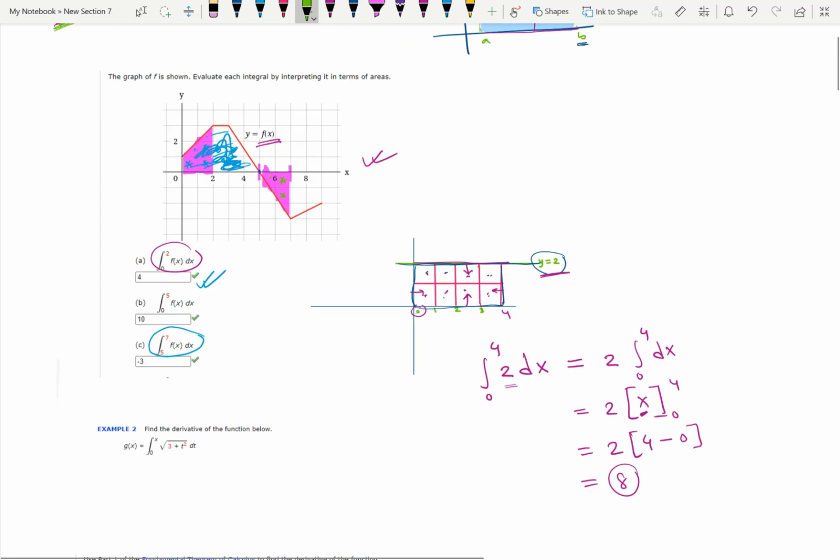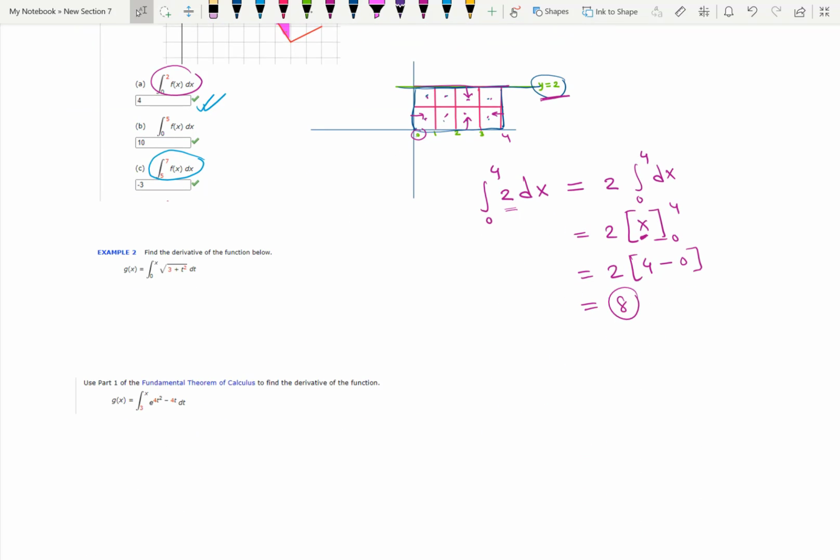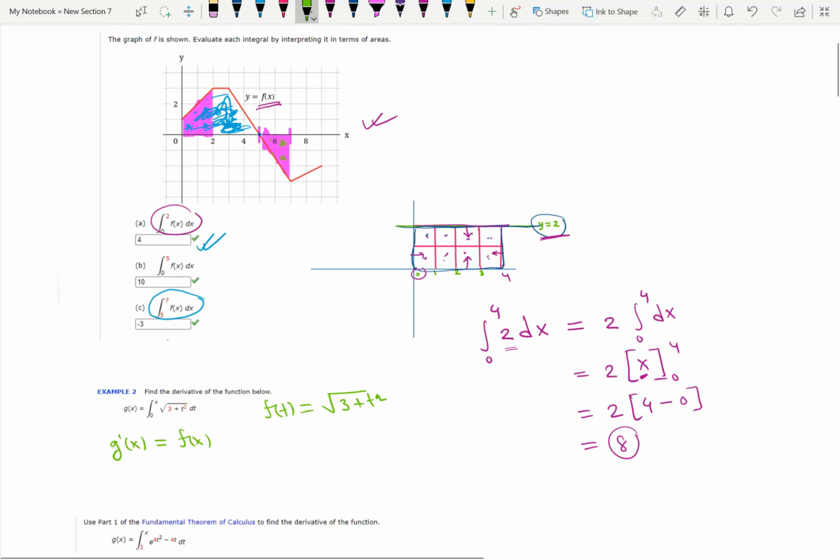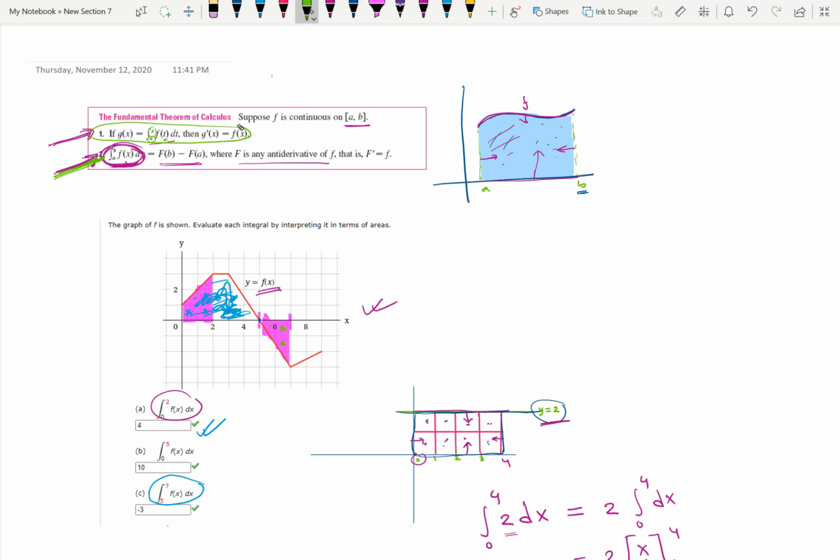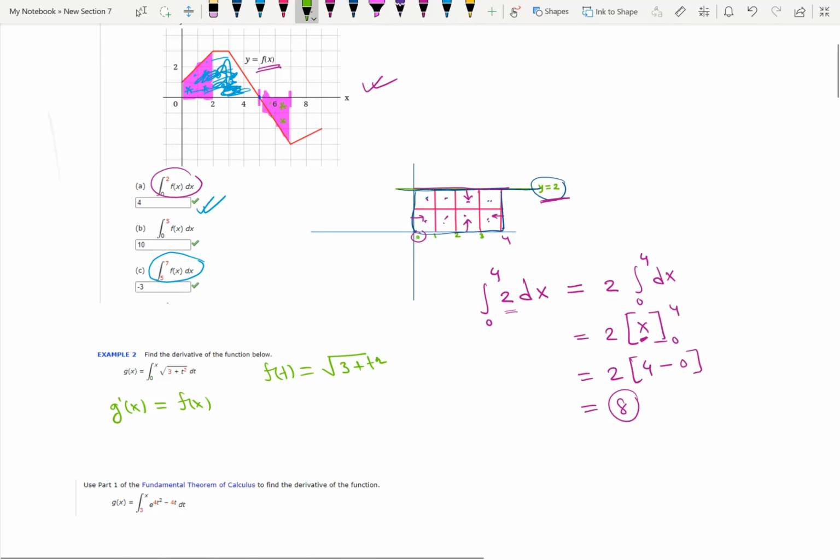For example, here we have g of x is this one. Here f of t is the square root of 3 plus t squared. According to the theorem, g prime of x would be f of x.